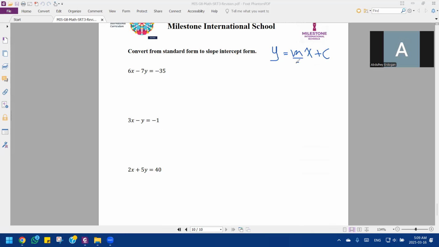This is the slope, and this is the y-intercept. This question also can be asked in a different way. We can say, make y the subject. It's the same question.